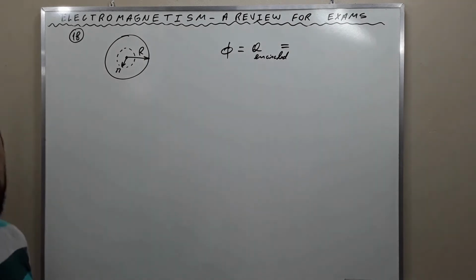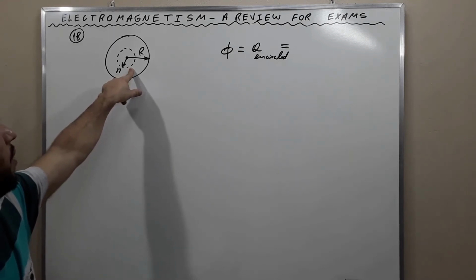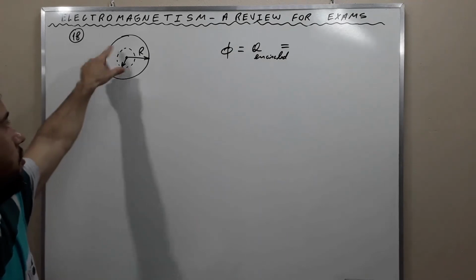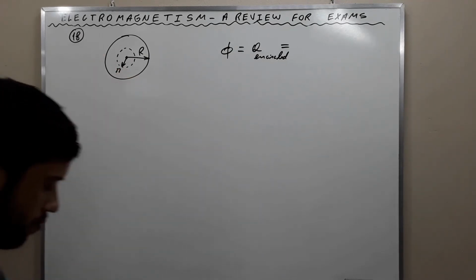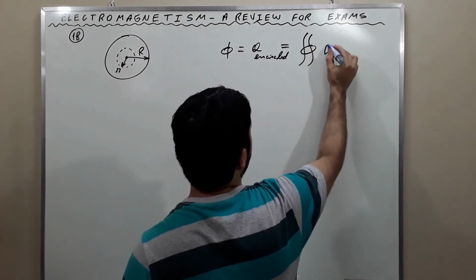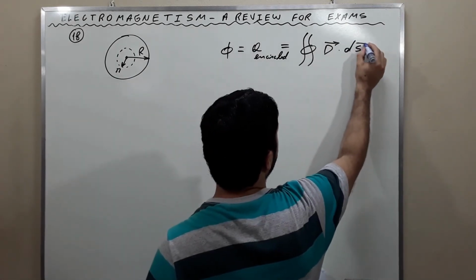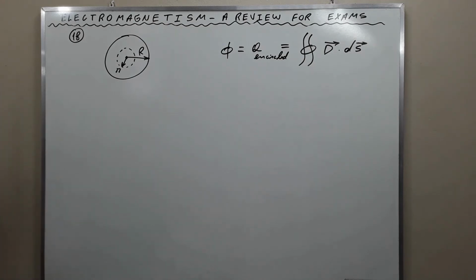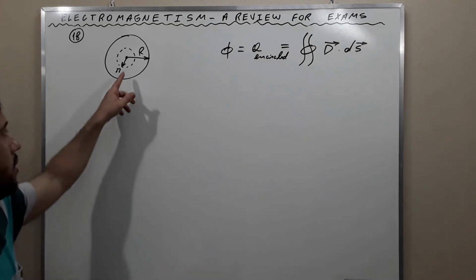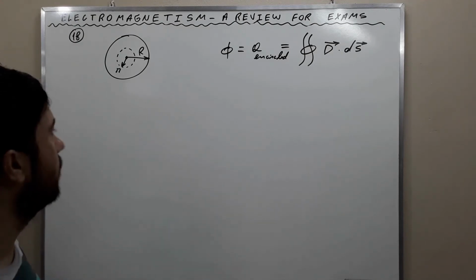The entire charge was given as big Q. The encircled charge, only the charge within this smaller radius, this smaller sphere, will be equal to the closed surface integral of the flux density dS. Okay? The relationship between the total charge and the encircled charge is proportional to the volume.